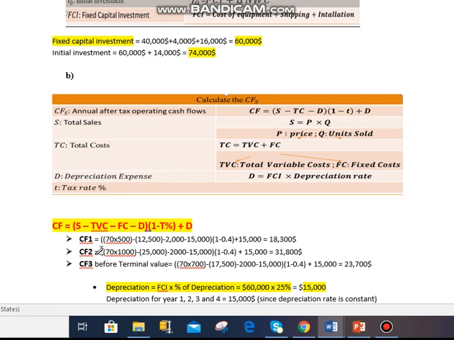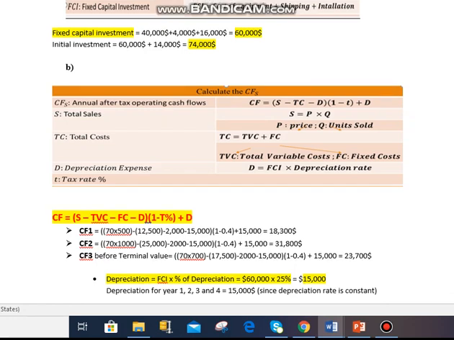We apply the same for cash flow 2 and cash flow 3 before the termination value. So cash flow 2 will be equal to $31,800 and cash flow 3 before termination will be equal to $23,700, using the same formula for the cash flows.